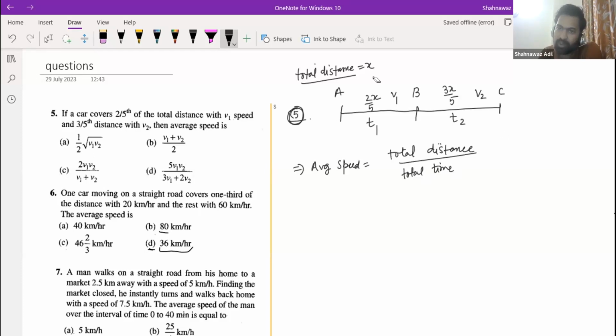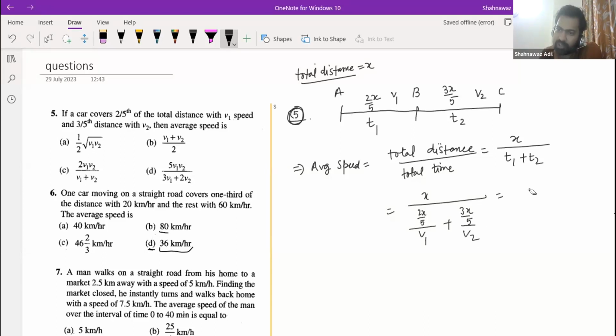So total distance we have already assumed is x, and total time is t1 plus t2. So how much is t1? T1 is this distance, 2x by 5, divided by v1. And then this is 3x by 5 distance divided by v2.